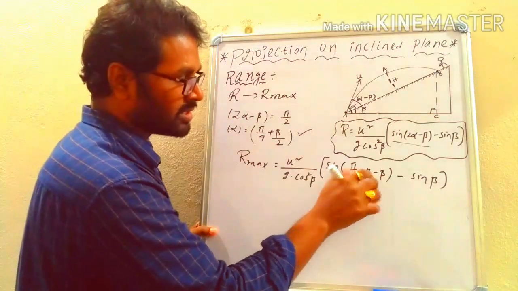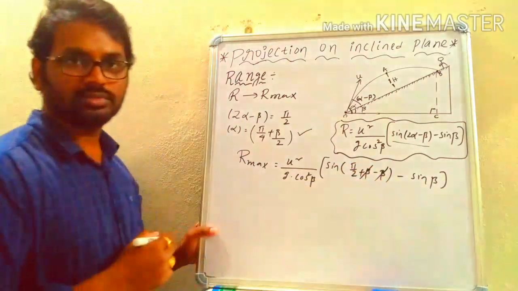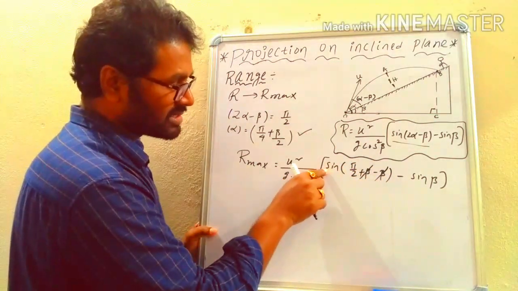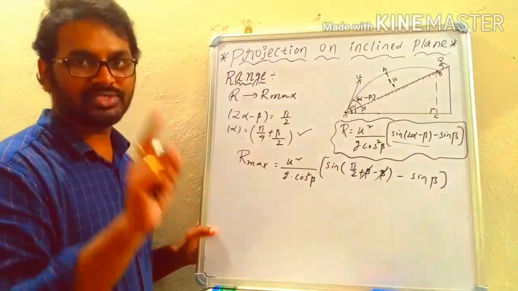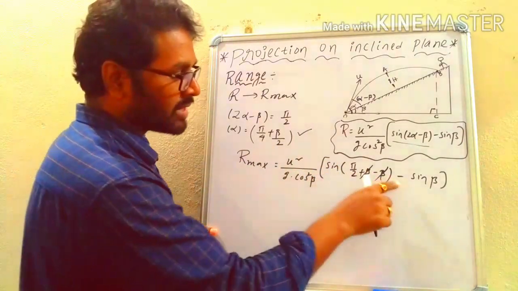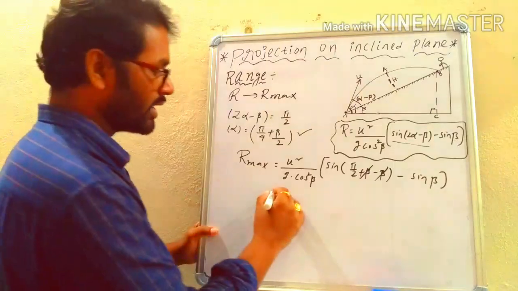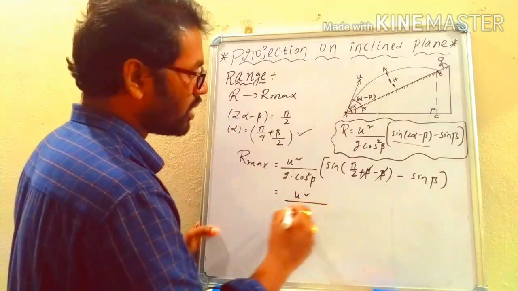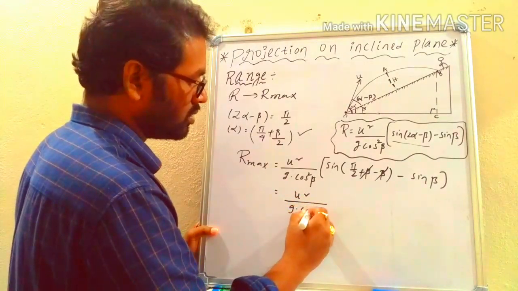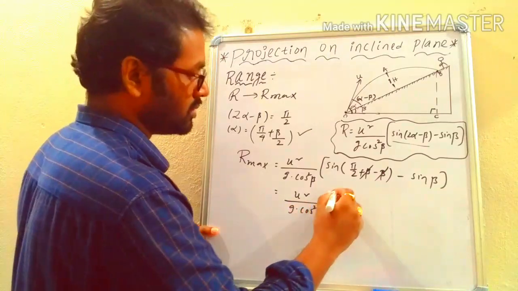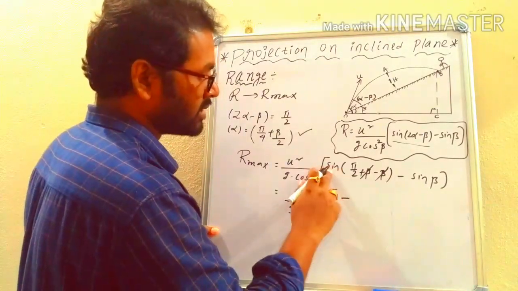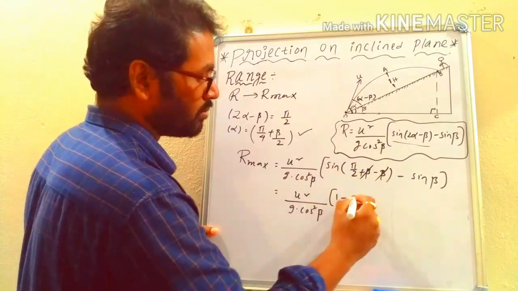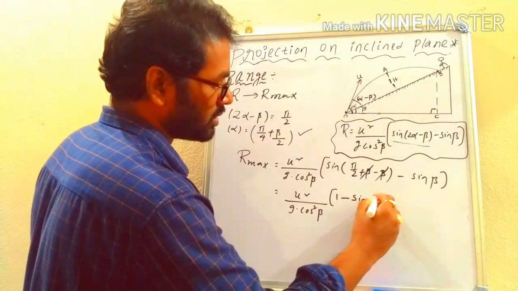So plus beta minus beta, these two get cancelled out, and the left part is sine pi by 2, which is 1. So you will get u square divided by g into cos square beta into 1 minus sine beta.